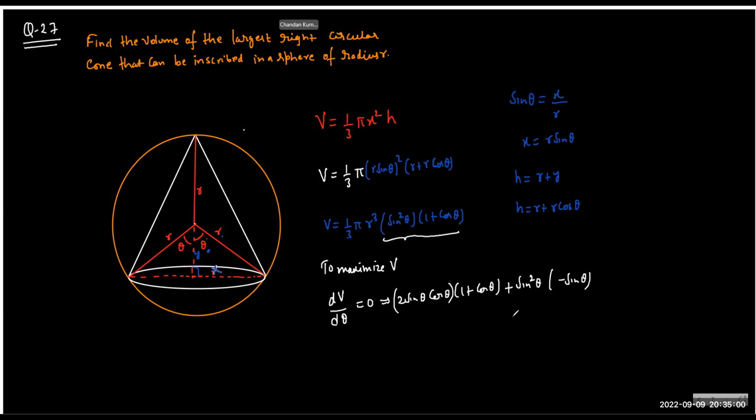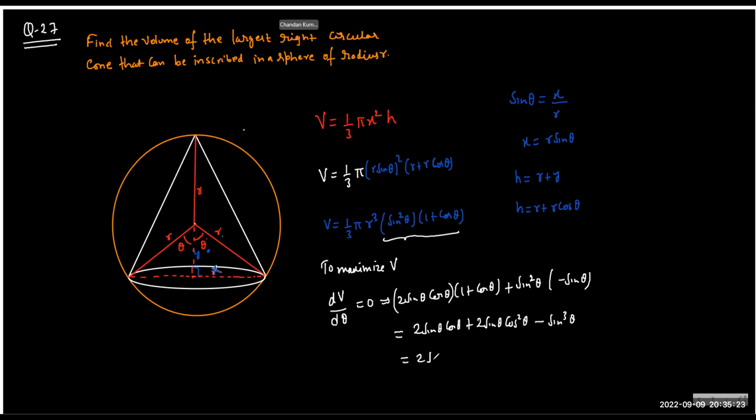Very good. So the term is 2 sine theta cos theta plus 2 sine theta cos square theta minus sine cube theta.